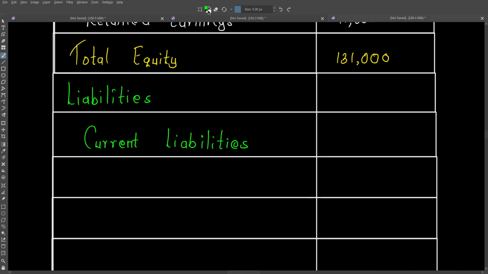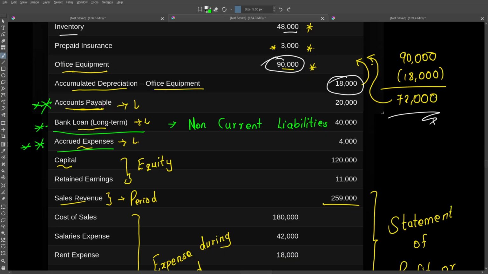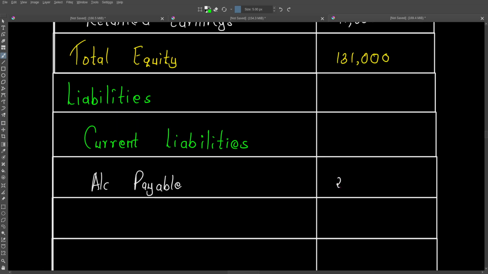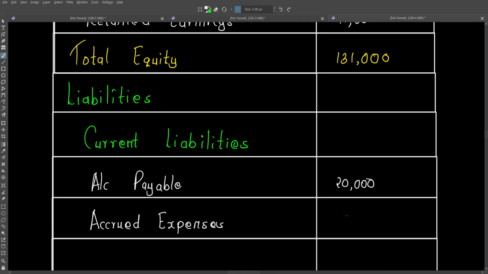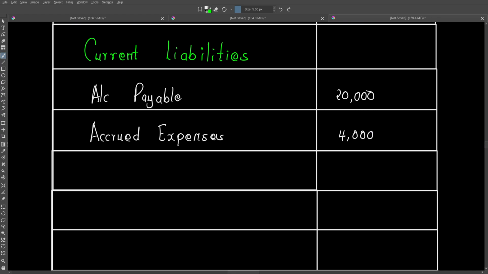So our current liabilities in this case, we have the accounts payable. What is the balance? The balance is 20,000. And we have the accrued expenses, an amount of 4,000. So what is our total current liabilities?